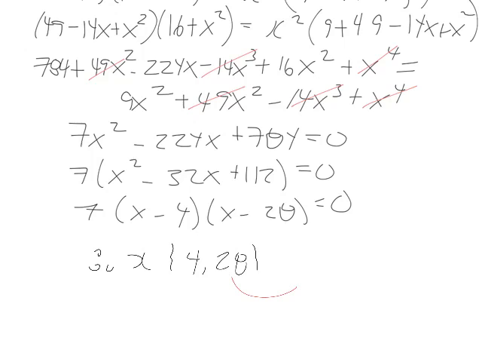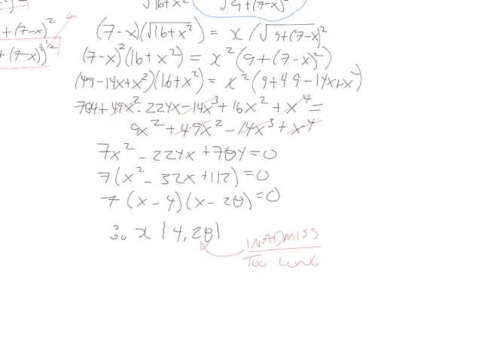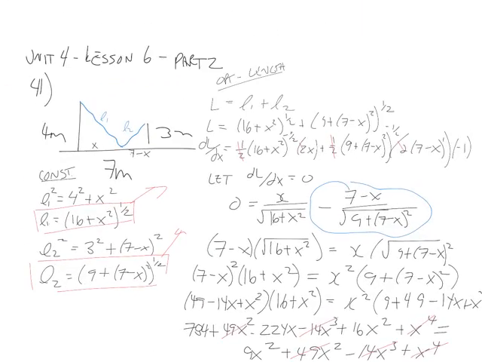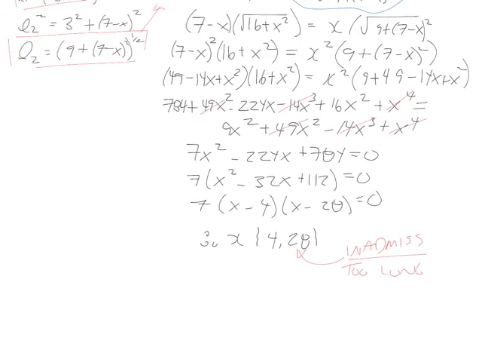Now, that 28 is inadmissible, and the reason is it's too long. If we go back up to my picture, if x is 28, then we're going to exceed that value of 7, so that makes no sense at all. So the only valid answer is 4.